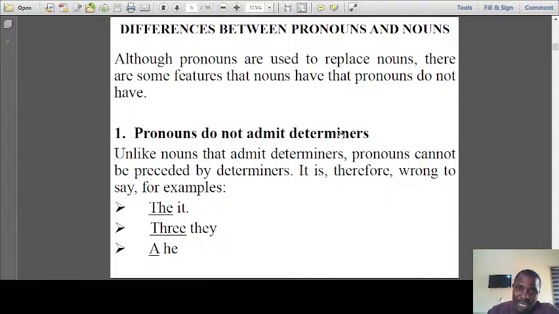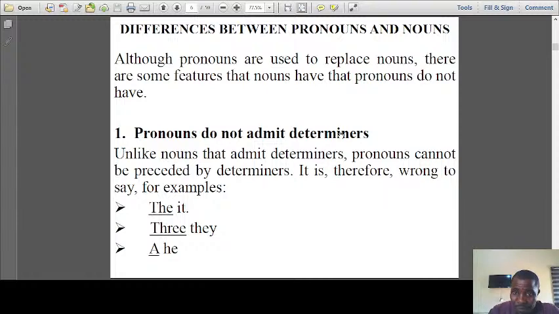So, for instance, we can say the school is located in Yelu. The word the preceding school is a determiner modifying school, which is a noun. So a noun can admit a determiner.